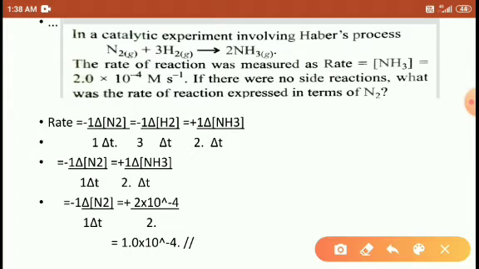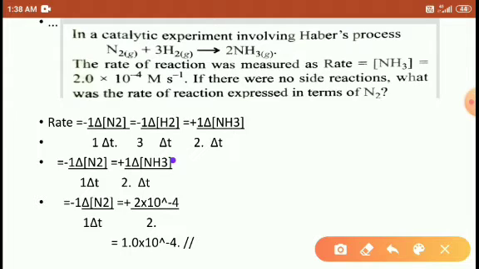Right, students? So the stoichiometric coefficient of nitrogen, 1 by 1, delta N2 by delta T is equal to the stoichiometric coefficient of ammonia, 1 by 2, delta NH3 by delta T, students.